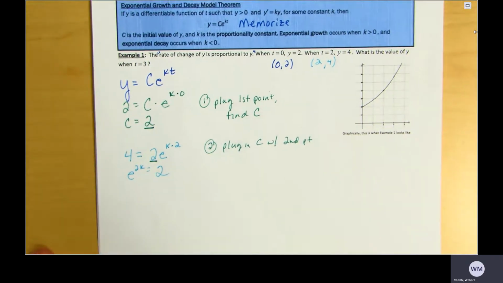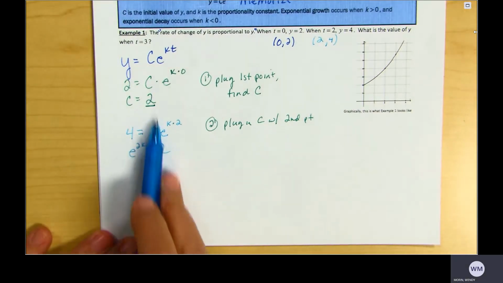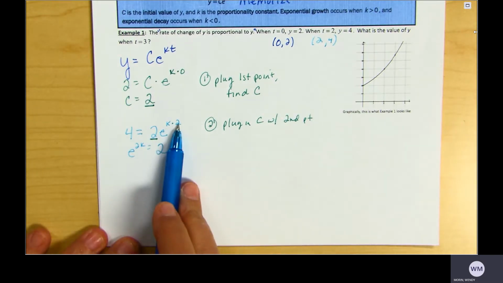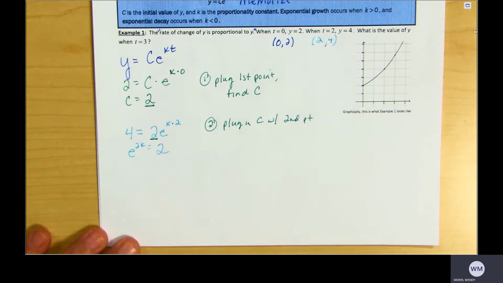So that's what we've done so far. So that C goes here, the second point that goes with it, t and y. We're trying to find k.